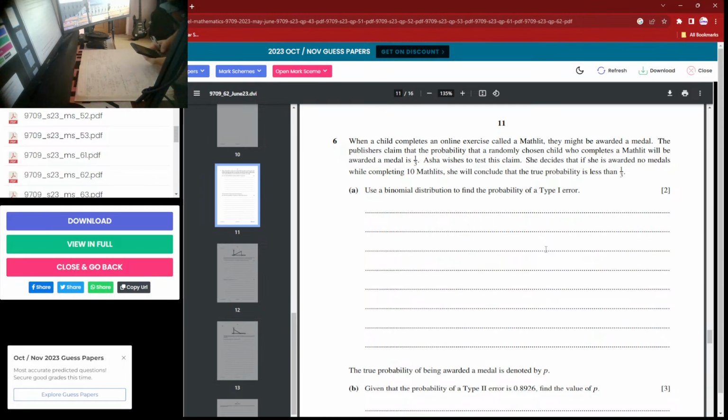So 0.8926 minus 1 would be negative 10C0, which is just 1 times 1 times (1 minus P) to the power of 10, giving us negative 0.1074. If we move the negative over, we have positive 0.1074.